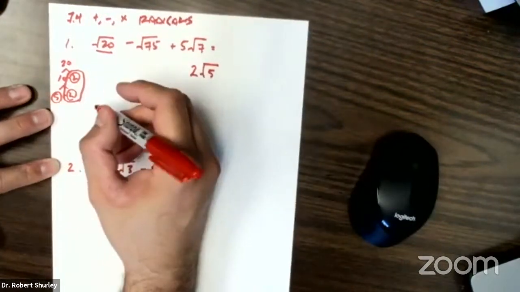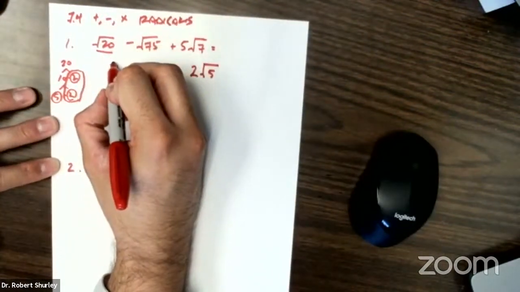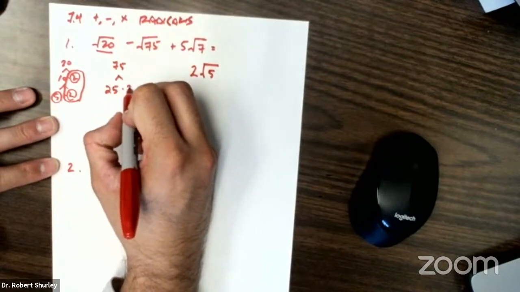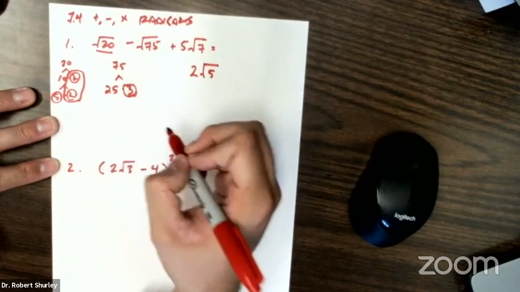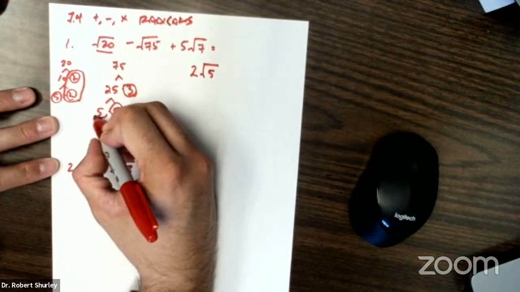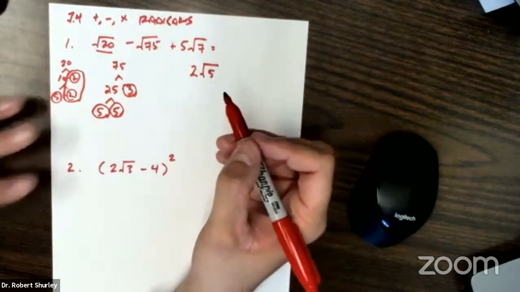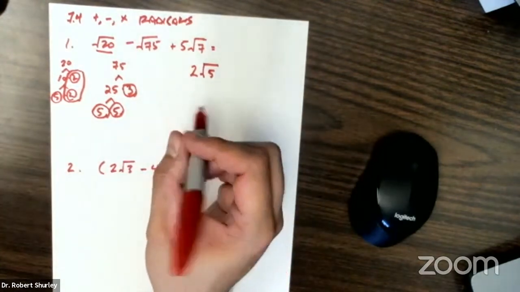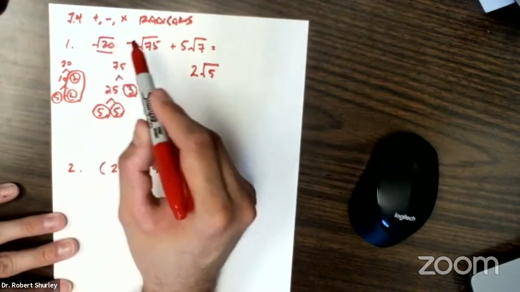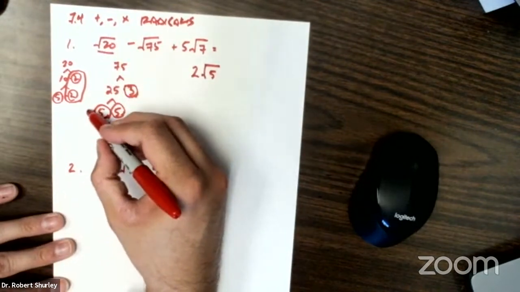Now let's do the 75. 75, I know, is 25 times 3, and then 5 times 5. So for the 75, it's square roots and I've got a pair of 5s.